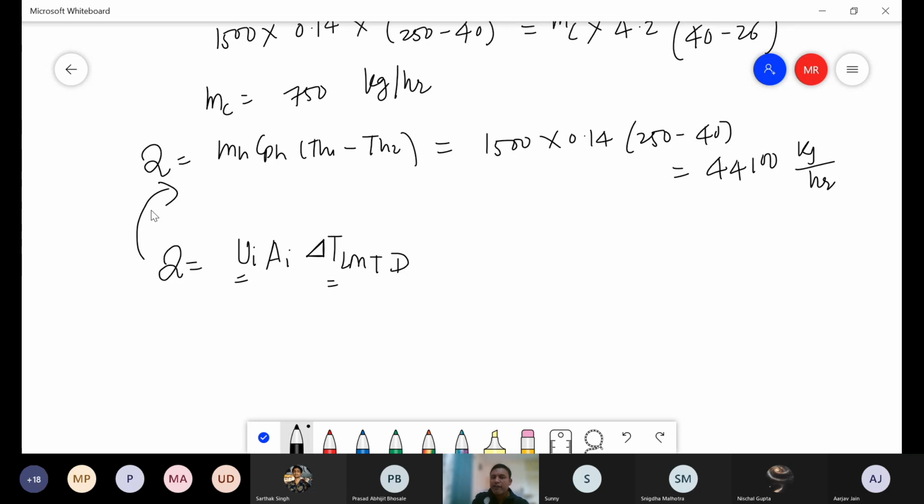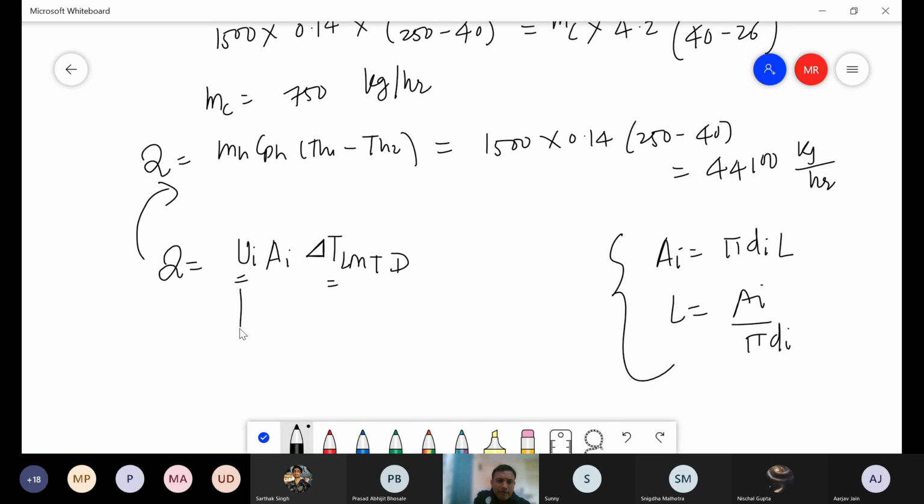Once you find UI and delta T LMTD, you can find AI. And AI is just pi DI L, isn't it? So L can be directly obtained as AI by pi DI. So this is what we wanted to do ultimately, correct? But now the question is how we can find UI.